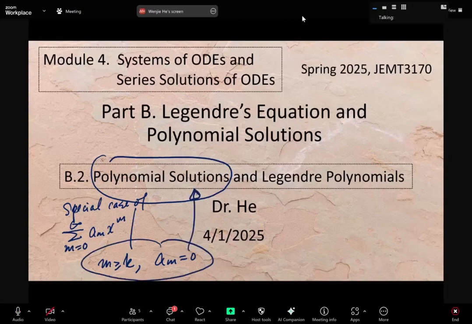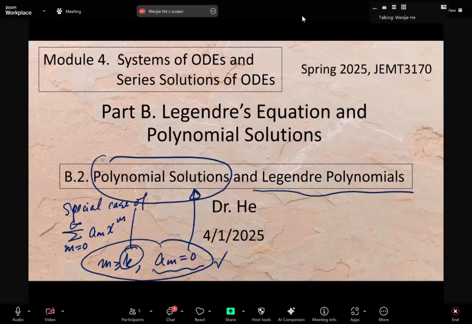If your power series has this property, that when m is greater or equal to some fixed number k, all the a coefficients become 0, then your solution is a polynomial solution. So it's possible. Sometimes, you know, the Legendre polynomials have this property.